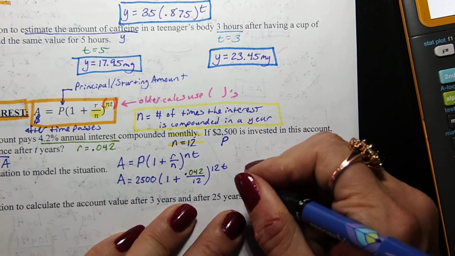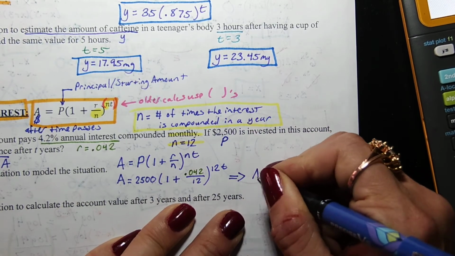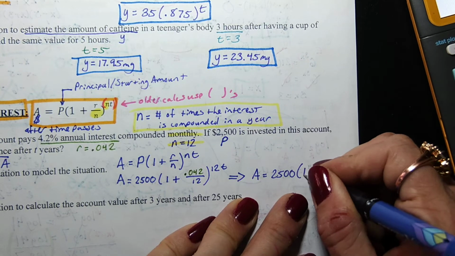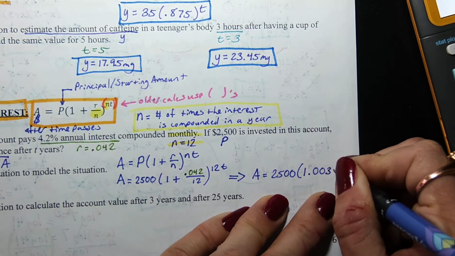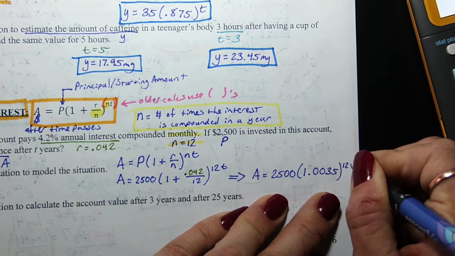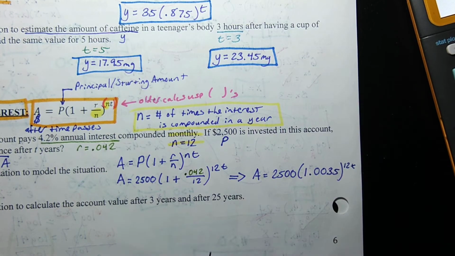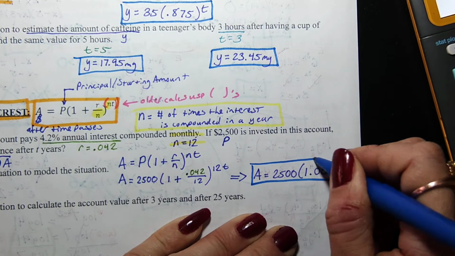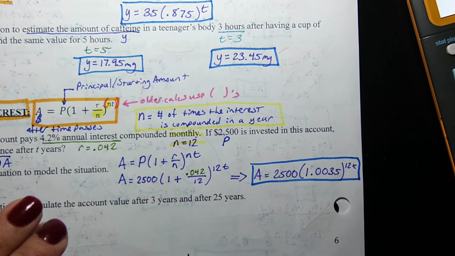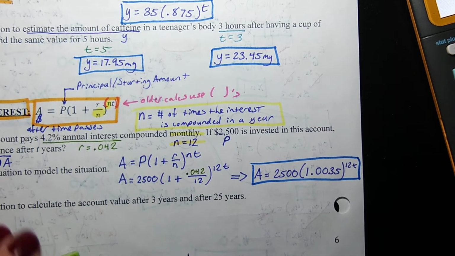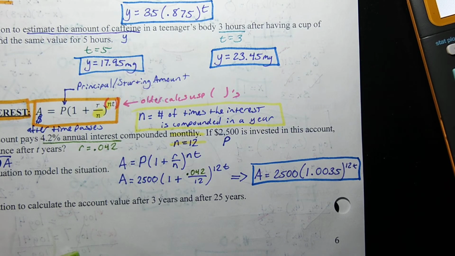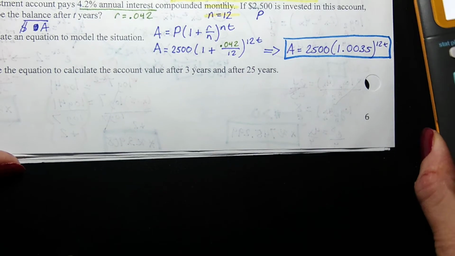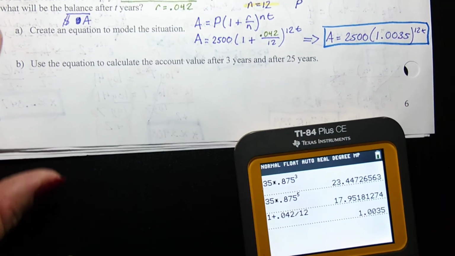So A equals 2,500 times 1.0035 raised to the 12t. Beautiful.